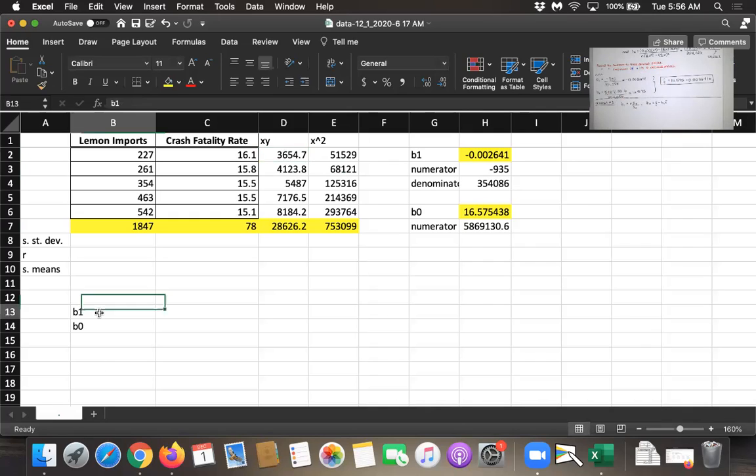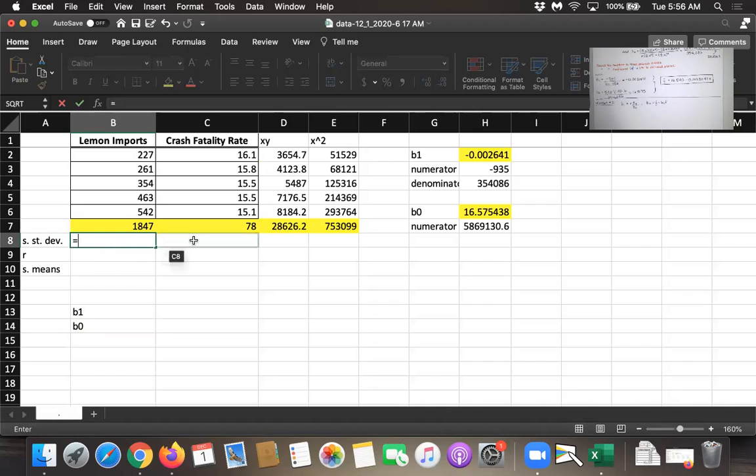But we could compute b sub 1 and b sub 0 using these formulas as well. That requires finding the two sample standard deviations, the Pearson correlation coefficient R, and then b sub 0 using those sample means. So to do that, I'm going to create a row here of sample standard deviations.